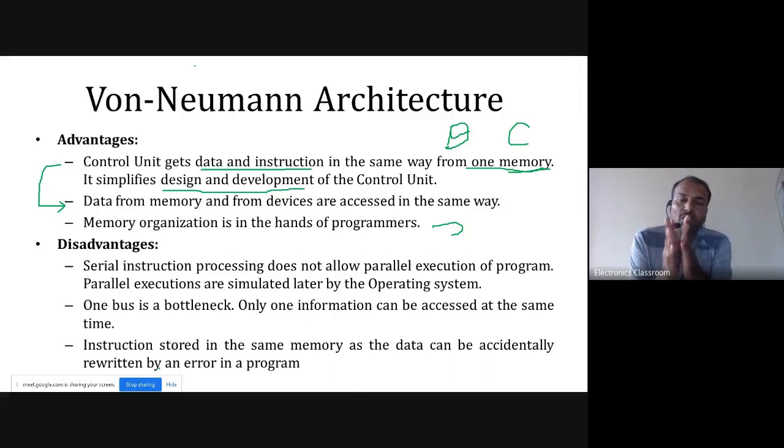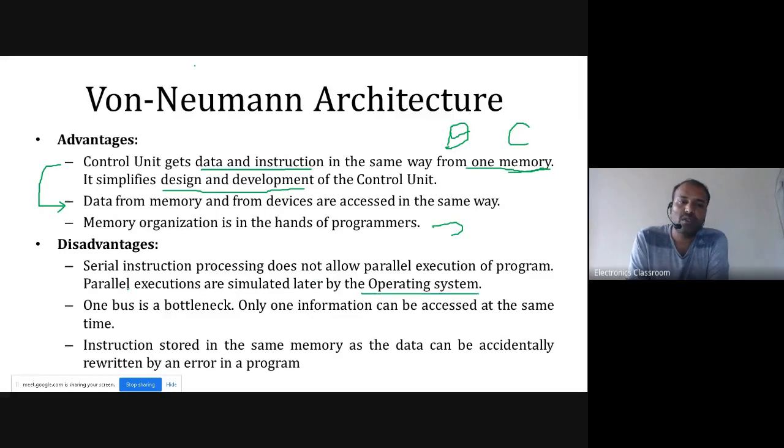In Harvard, instruction processing is also serial, but for storage of data we have a separate address and data bus. So while processing one instruction, I can process data also on the other address and data bus. So parallel execution is simulated later by operating systems.